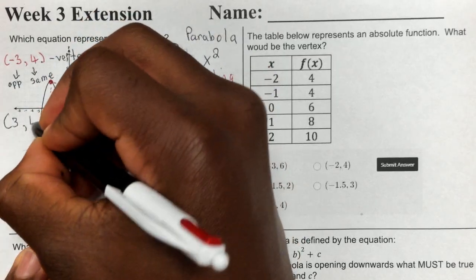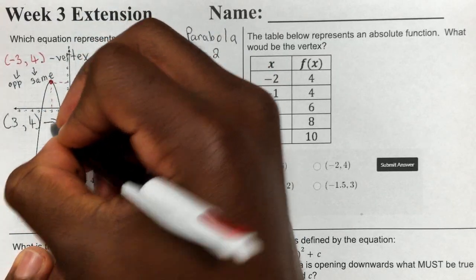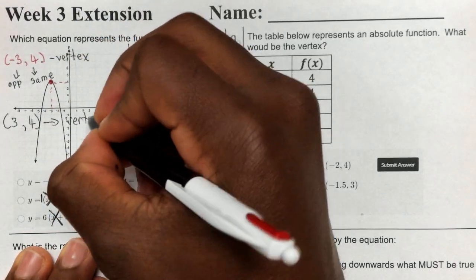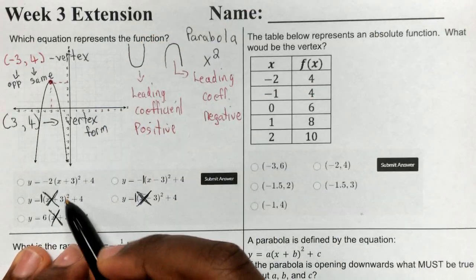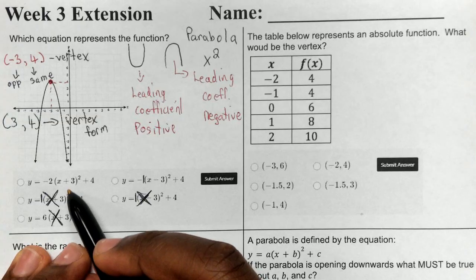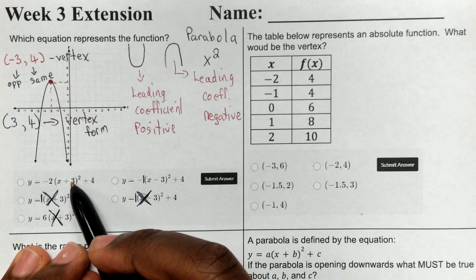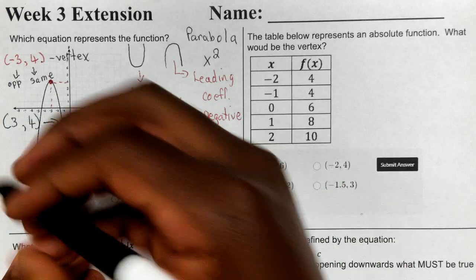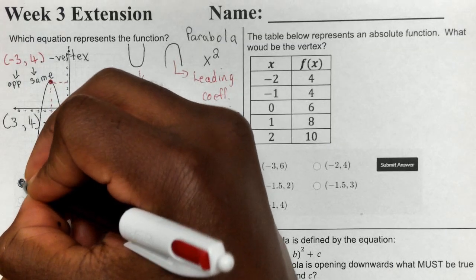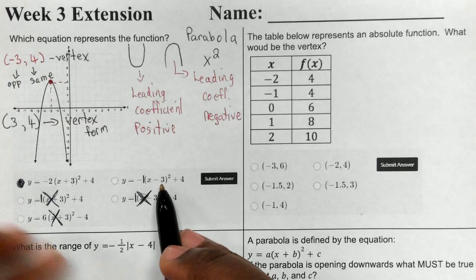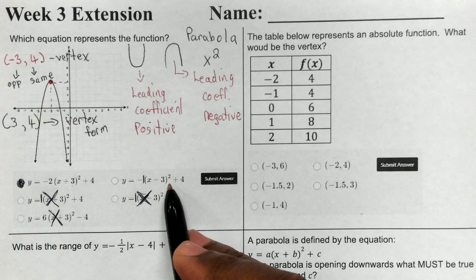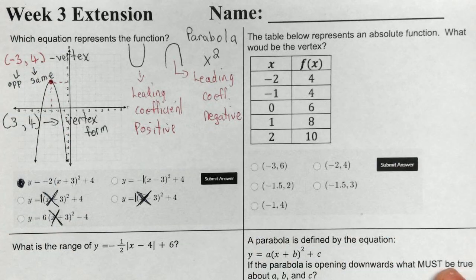The same as a +4 is a +4, and that's what you use to represent your vertex form. So the number inside of the parentheses would be a +3, and the number on the outside would be a +4. This would be my answer. This one's wrong because, again, they did not change it from vertex to vertex form. So let's try the next one.